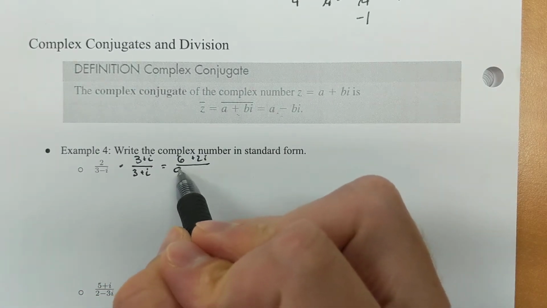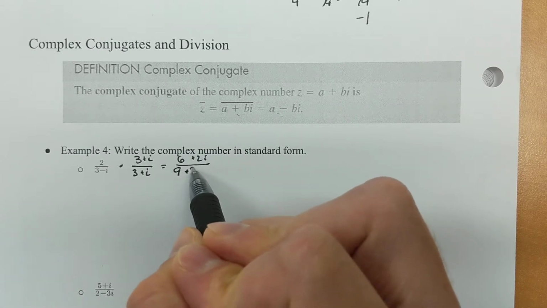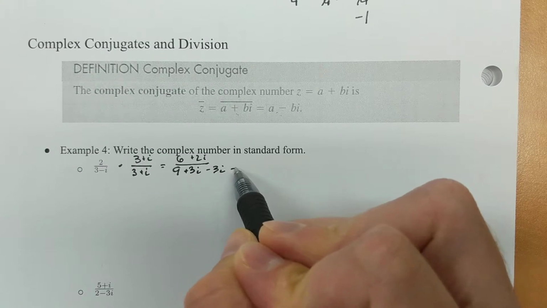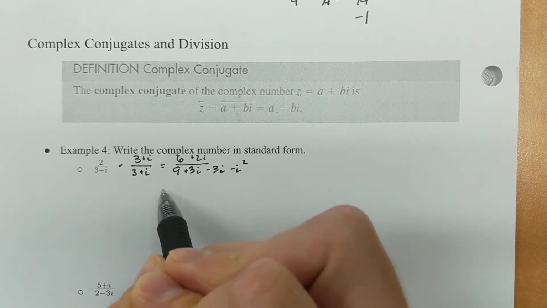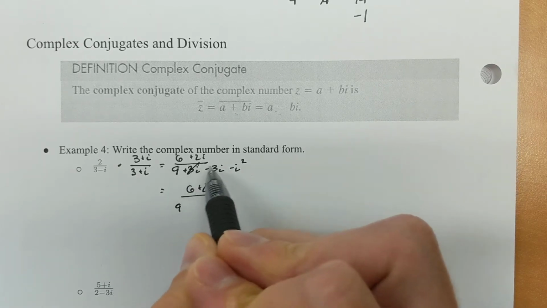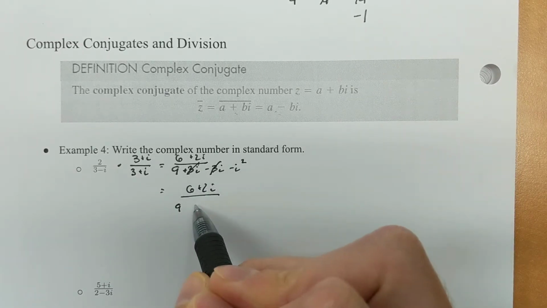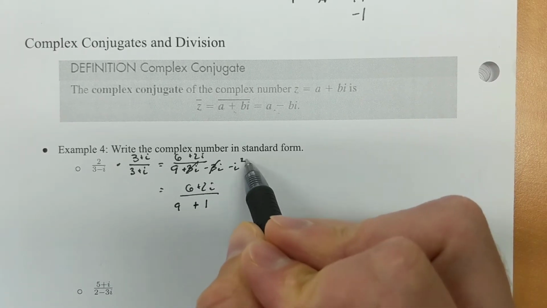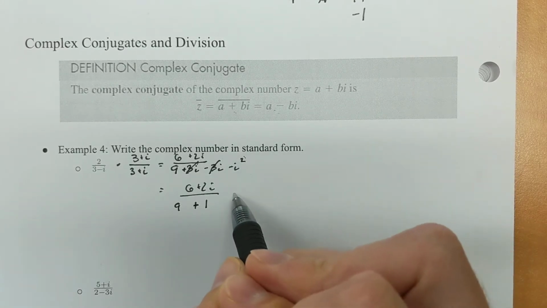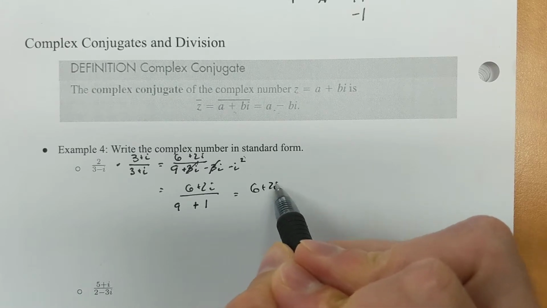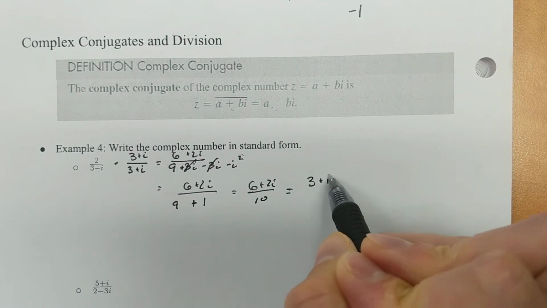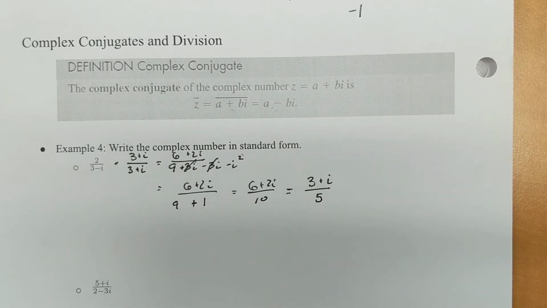So firsts are going to give me 9, outsides positive 3i, insides negative 3i, and lasts negative i squared. So this is 6 plus 2i over 9. Now those cancel. Negative i squared has become positive 1 because the i squared flips the sign, and then it disappears, leaving the 1 coefficient behind. So this is 6 plus 2i over 10. All of these numbers are even, so I can take a 2 out of everything, leaving me that.